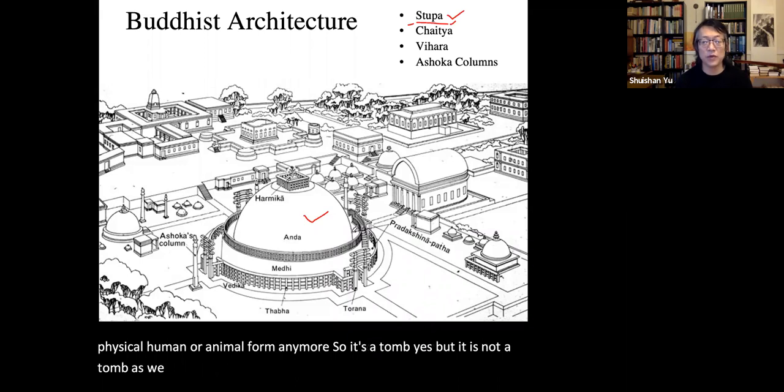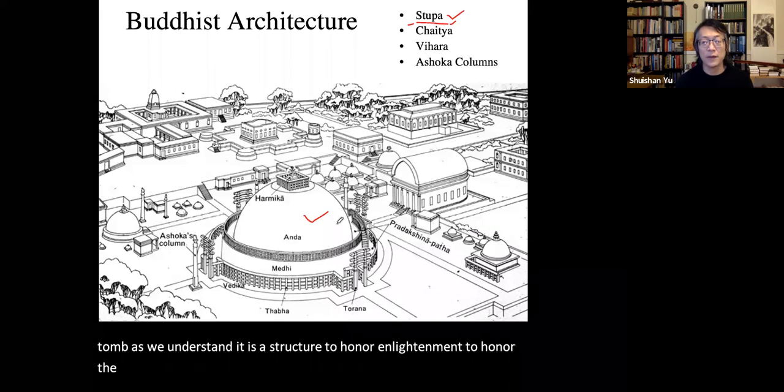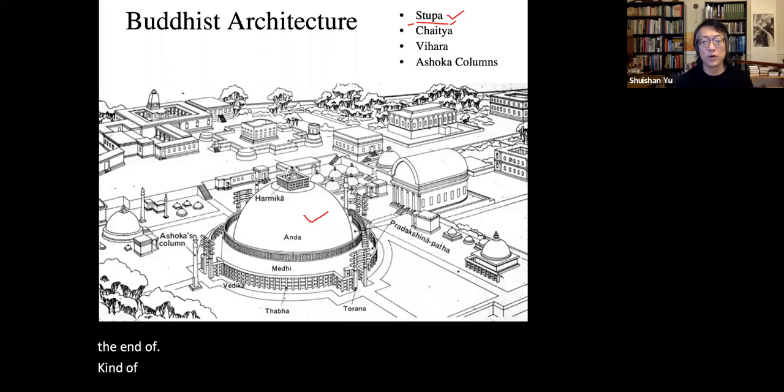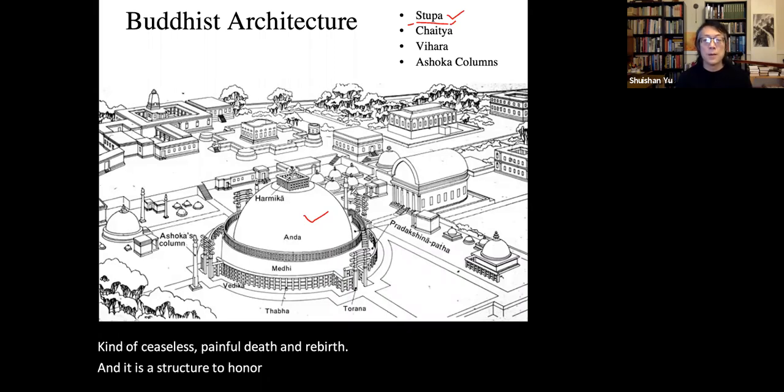It is a structure to honor enlightenment, to honor the end of a ceaseless, painful death and rebirth, and it is a structure to honor Nirvana. So that's a stupa.